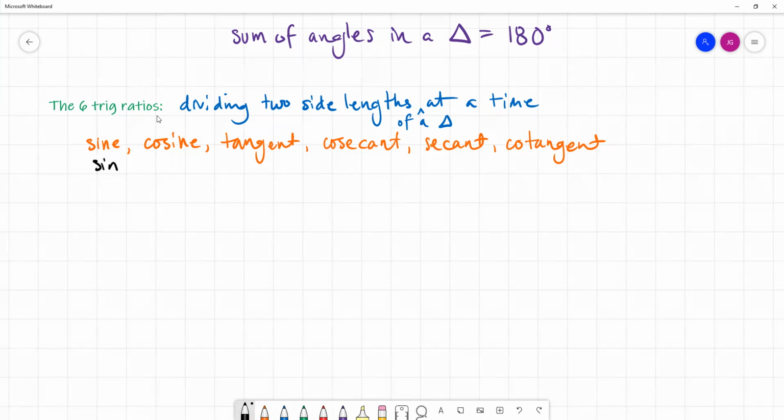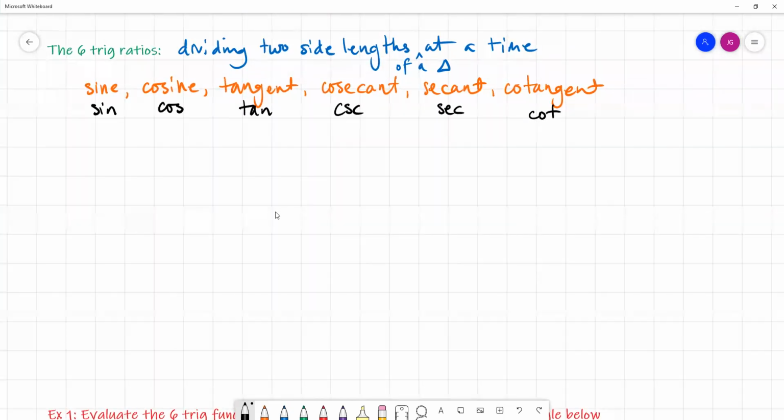So sine is abbreviated SIN, cosine is COS, tangent is TAN, cosecant is CSC, secant is SEC, and then cotangent is COT.